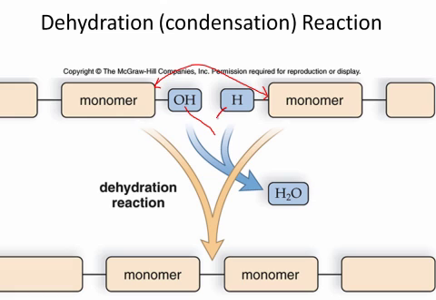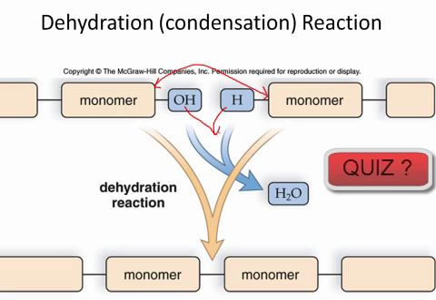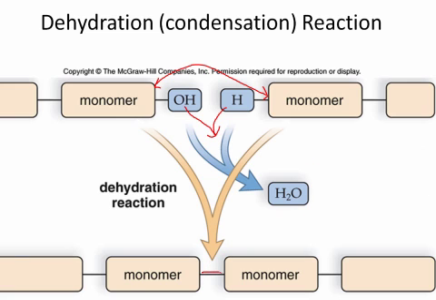Take a hydrogen atom off of the second molecule, put those together, that forms water, and in doing so we can form a new chemical bond that connects two larger molecules together. So you see here in this diagram we have removed water, and in doing so we have connected these molecules together. We're going to see this dehydration reaction over and over and over. Now these are reversible. We can go the other way.